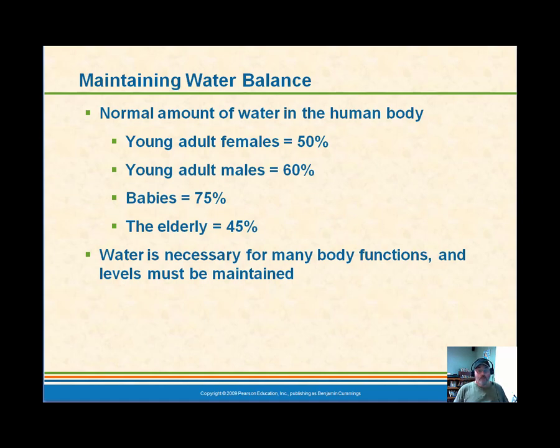So, males are about 60% water, women are about 50%. Babies, they just practically leak. They're 75% water. And then the elderly, because as we age, we tend to lose muscle mass, they're down to about 45% total. Now, water is necessary for many bodily functions, and so the levels do need to be maintained appropriately.